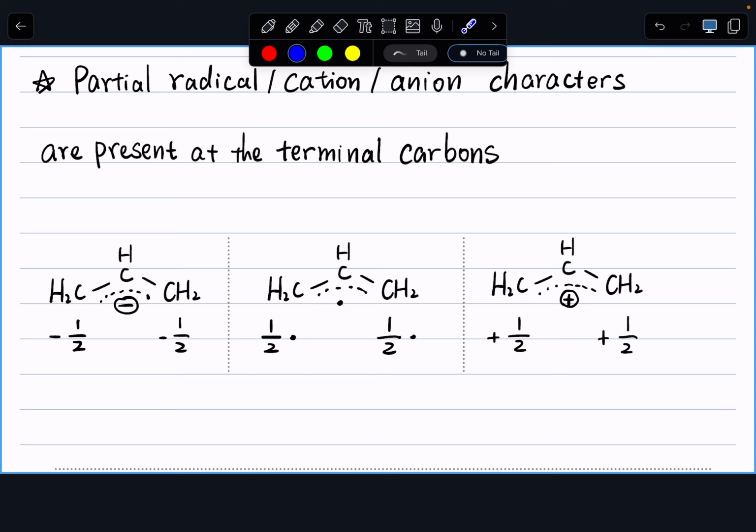Yes? So is the radical just the most reactive overall? No, you can't compare the reactivity between a radical, carbocation, and carbanion, but you can compare the relative reactivity of an allylic radical versus a non-allylic radical. Okay, sorry, final question: how does this tie back into bond dissociation energies?